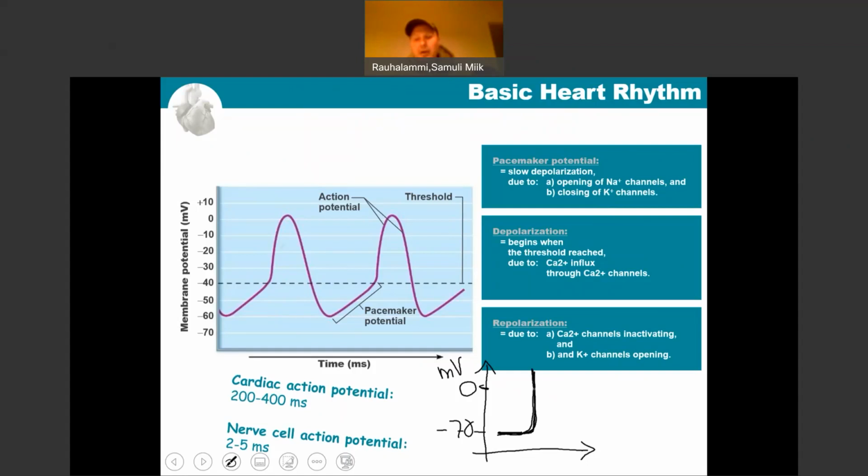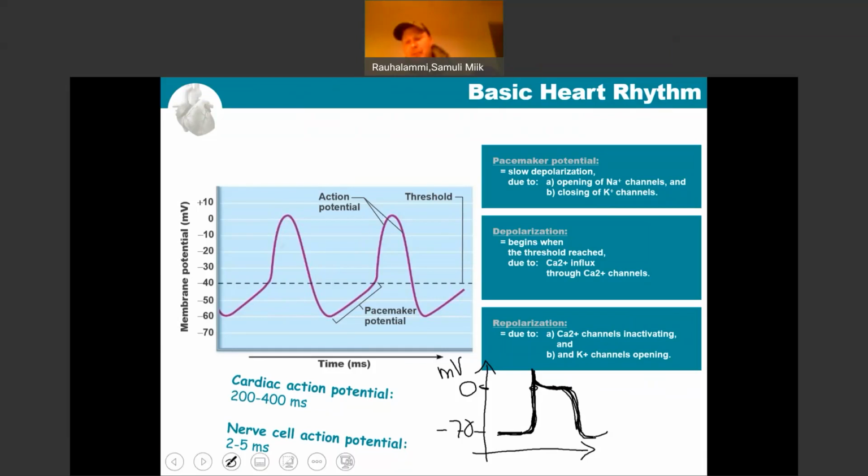So it goes towards zero and a little bit above it even, when the electrical impulse is passing through that particular spot. There is a little bit of a dip, but then a plateau stage where the charge remains either at zero or close to zero before it returns back to the negative resting potential, so it repolarizes.